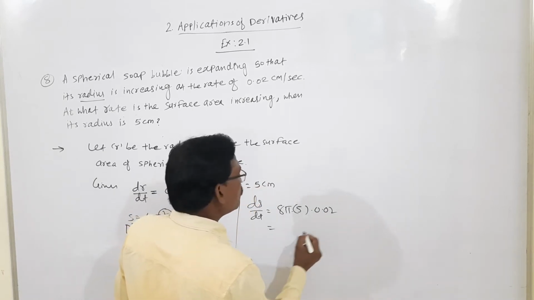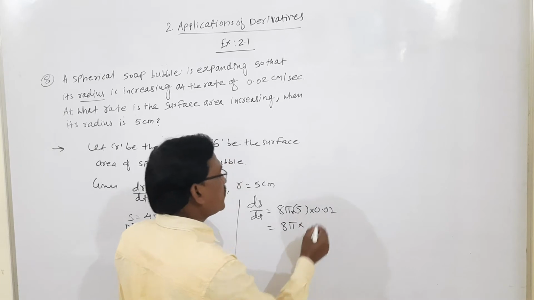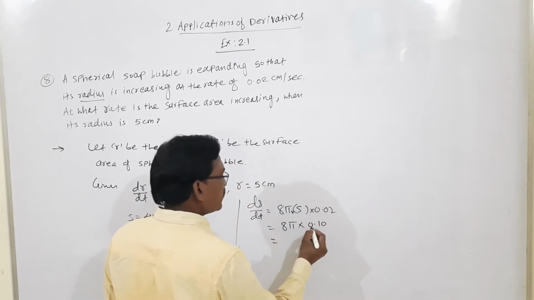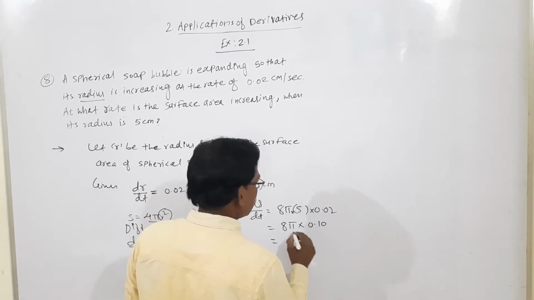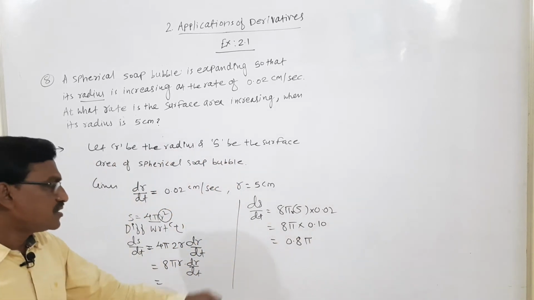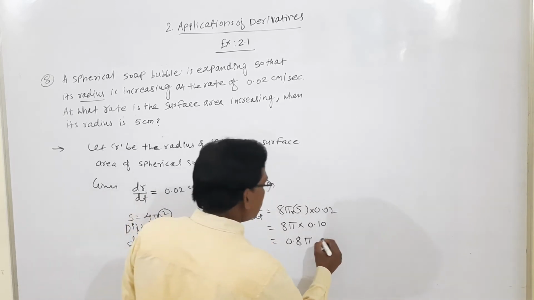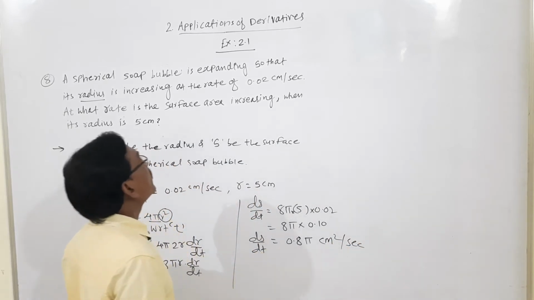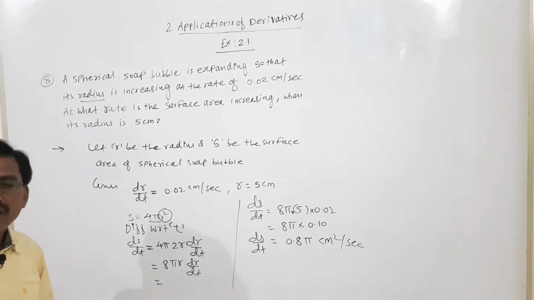So 8 pi into 5 into 0.02, that is 5 into 0.02 is 0.10, and 8 into 0.10 is 0.8 pi. Since it is an area, its unit is centimeter square per second, and this is the increasing rate of surface area.